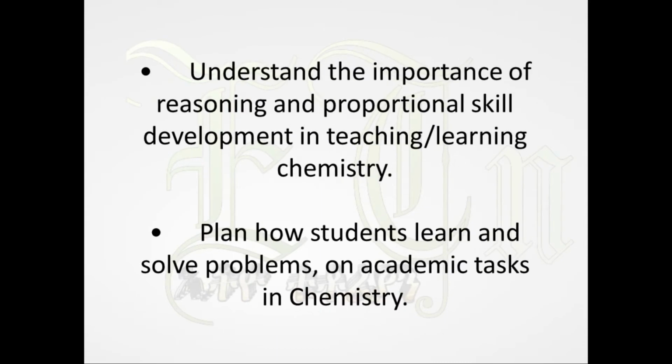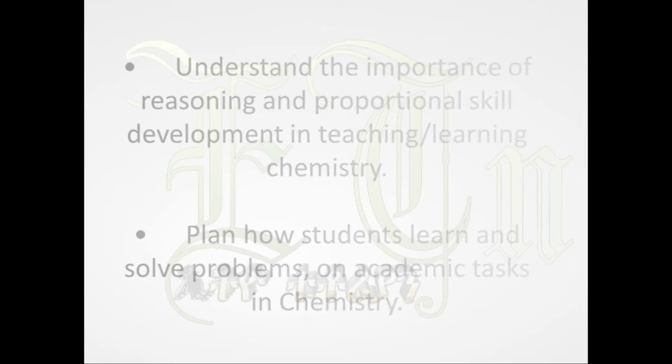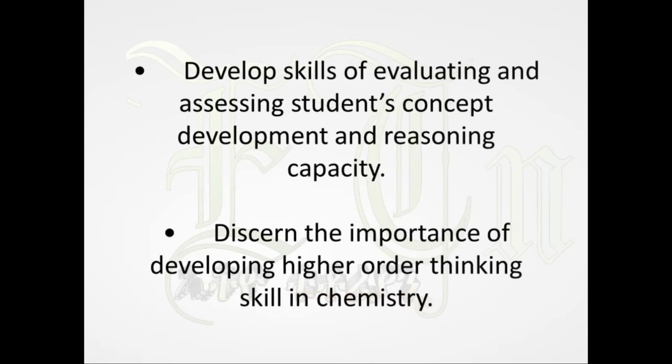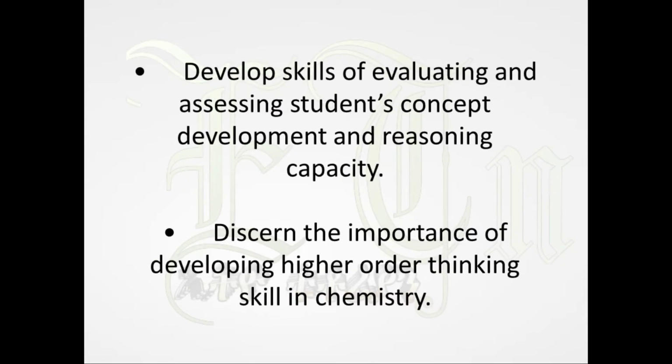Understand the importance of reasoning and proportional skill development in teaching/learning chemistry. Plan how students learn and solve problems on academic tasks in chemistry. Develop skills of evaluating and assessing students' concept development and reasoning capacity. Discern the importance of developing higher-order thinking skill in chemistry.